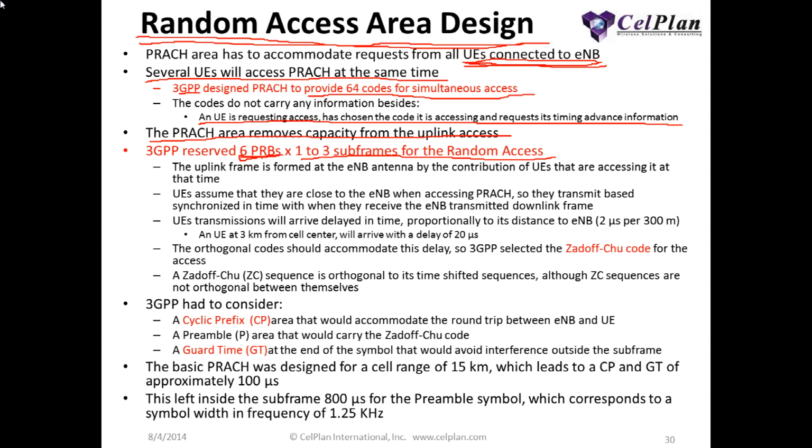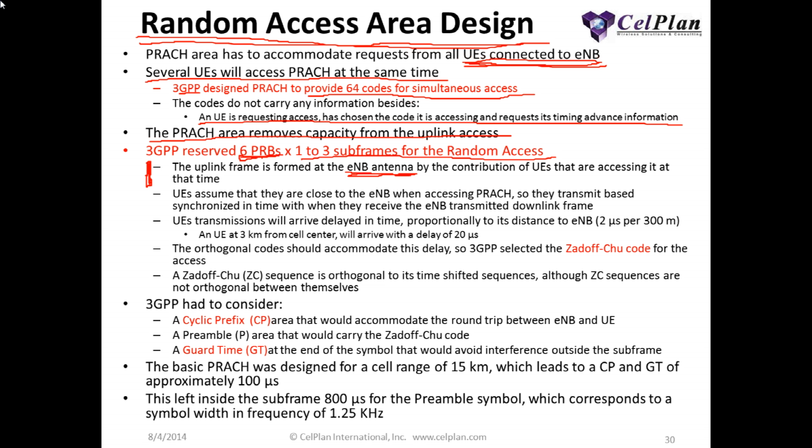One thing that is very, very important to stress and to understand is that the uplink frame is formed at the ENB antenna. So after the signal propagates from the UE, it should arrive at the ENB antenna at a certain moment.